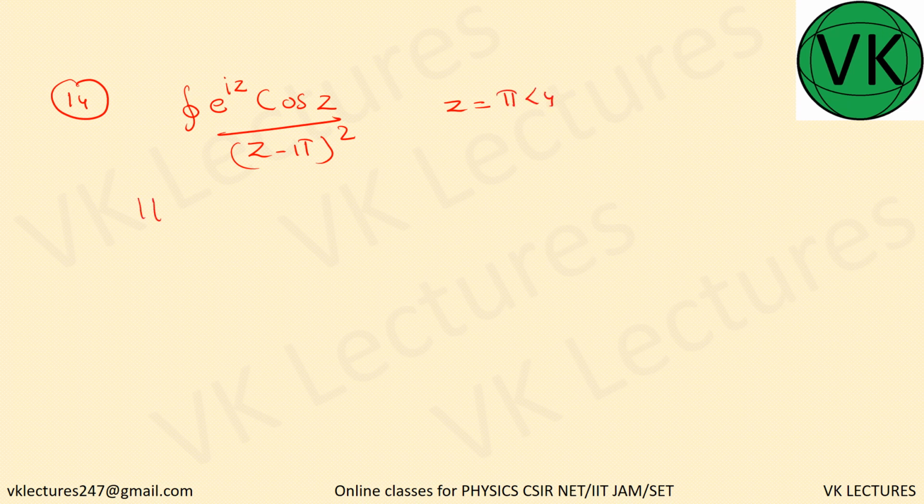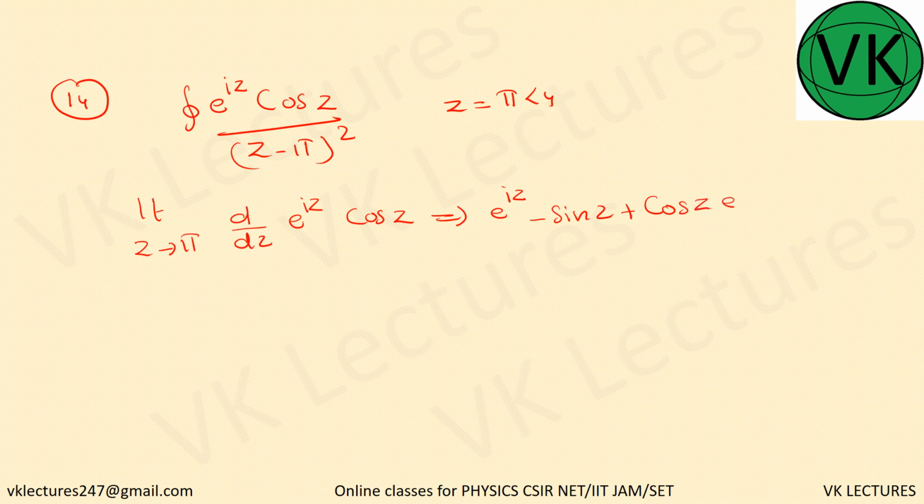So limit z tends to π, d/dz of e raised to iz cos z. So that is e raised to iz into minus sin z plus cos z e raised to iz into i, that is equal to minus i e raised to iz.